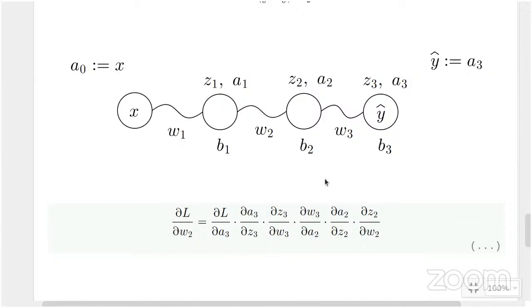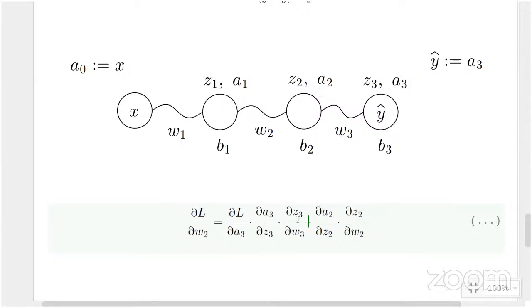A2 is not going to change W3, right? This part alone I am not sure. A2 is only going to change Z3. So A2 is going to change Z3, Z3 is going to change A3, A3 is going to change the loss. Is that sequence fine?